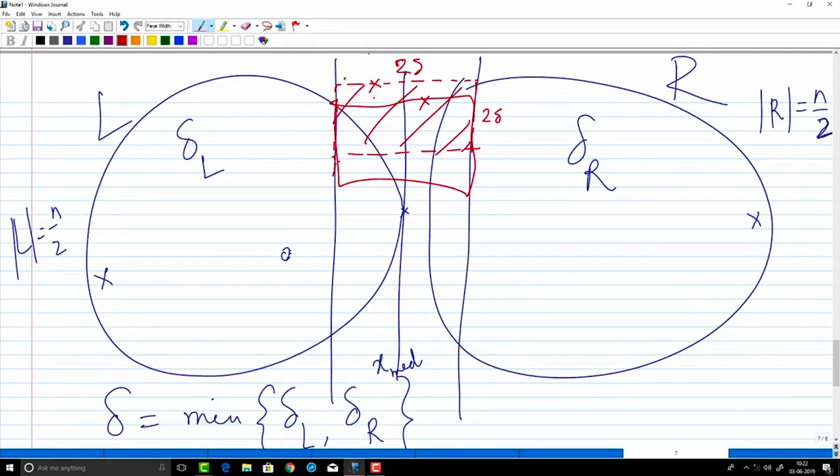But then that should have been taken. See, when I computed the closest pair on this part and this part, no point was missed, right. So, I took this delta from this and this. So, this delta is a function of the closest pair here and the closest pair there.